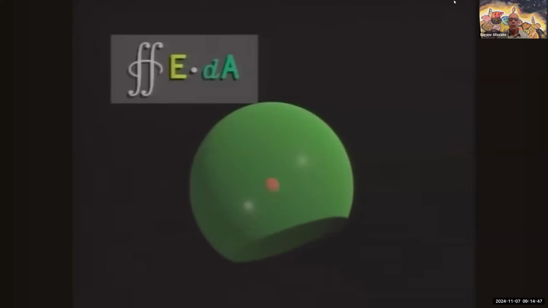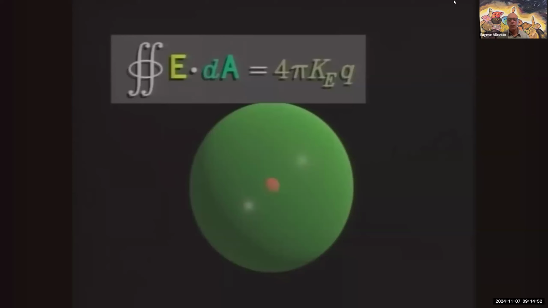The electric flux through any closed surface is equal to 4 pi K sub E times Q, or Q over epsilon naught, where Q is the total charge enclosed by the surface.